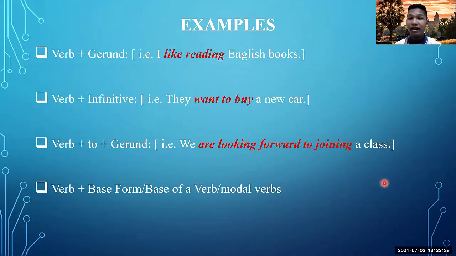Then we have two different items. One is verb plus base form of the verb, and another one is verb plus modal verb, as you can see here. I have two different examples for you because they have two items as well.